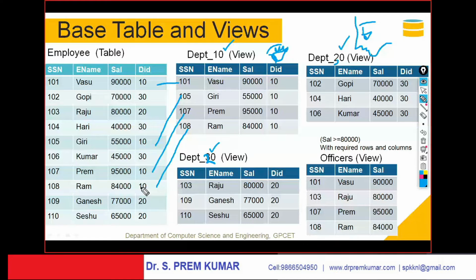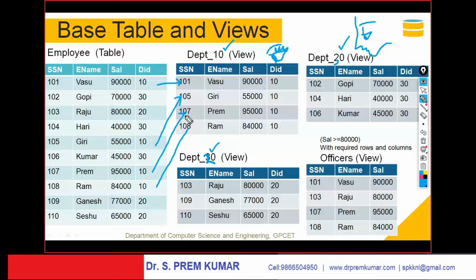So a view is a logical window which is arranged on the base table. Or in other words, from the base table, the required data is being extracted by the view.